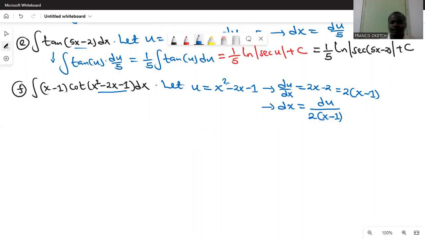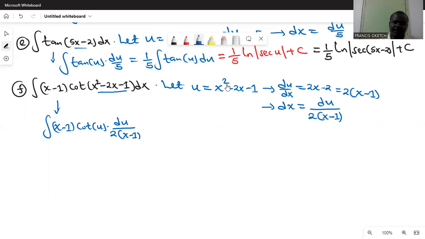Then, when you substitute into the given integral, what are we going to get? It will now be the integral of x minus 1 times cot u. Instead of dx, we write du over 2 times x minus 1.